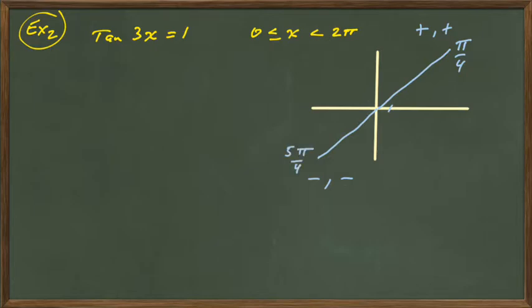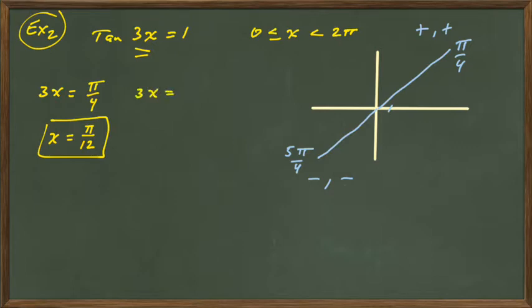Now what happens, guys, is you have to make your angle equal the angle. So 3x equals pi over 4, and that gives me pi over 12. I have to make the angle equal the angle. 3x equals 5 pi over 4, multiply by 1/3 and you get 5/12.